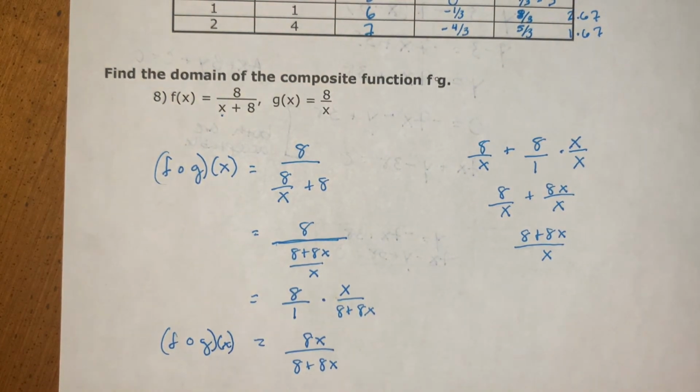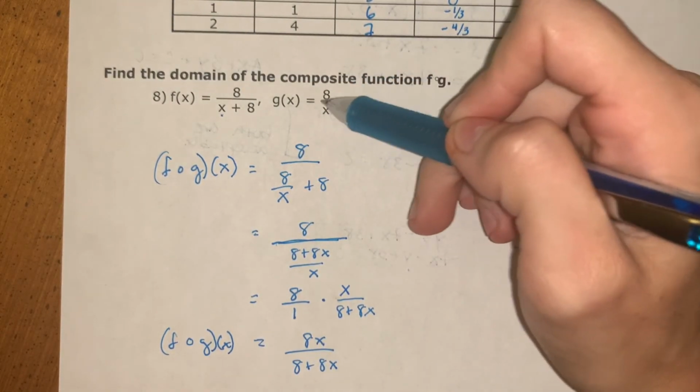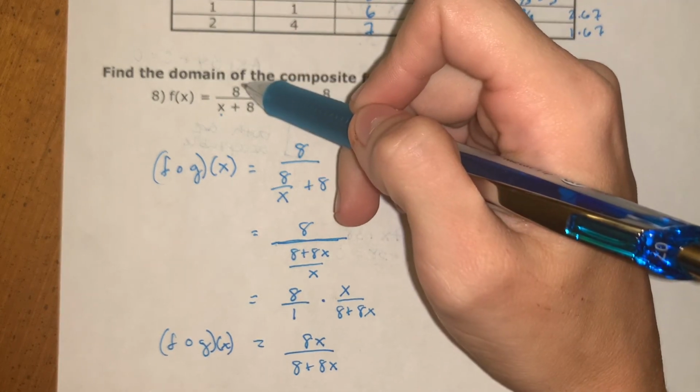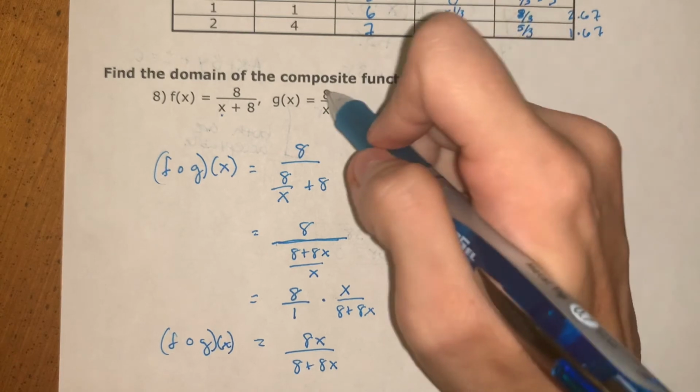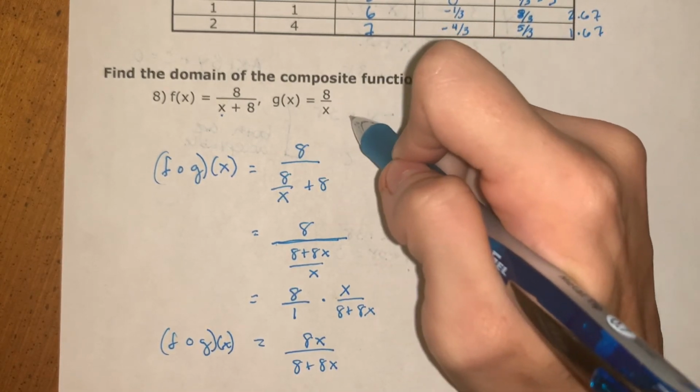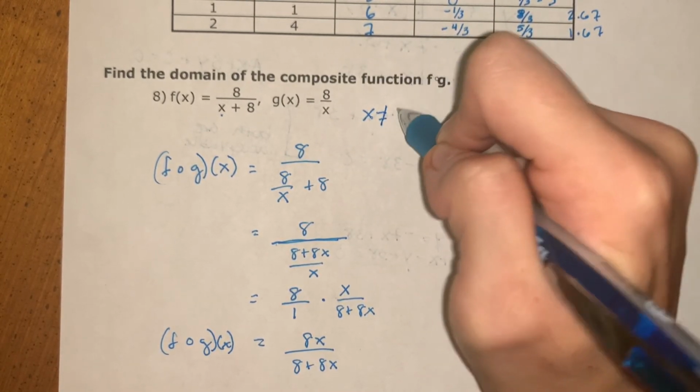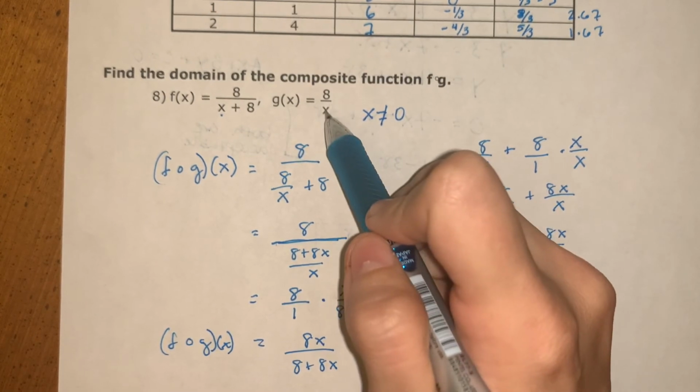I need to figure out the domain. So in order to know what the domain is of our composite function, we have to know the domain of the function we plugged into, right? So we plugged g of x into f of x. So the domain of g of x we know cannot include 0 because that's going to make our denominator 0, right?